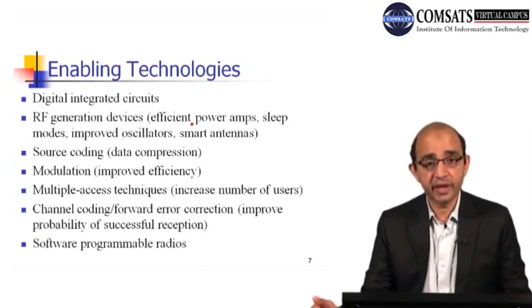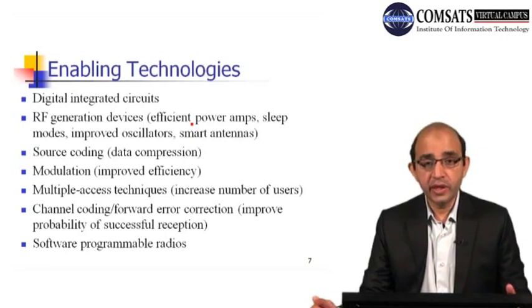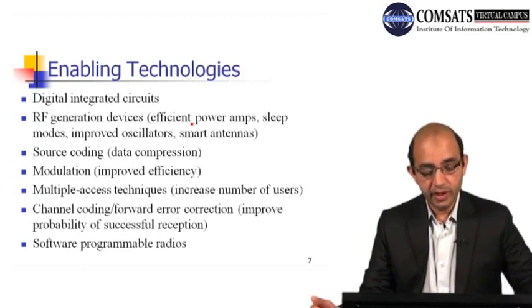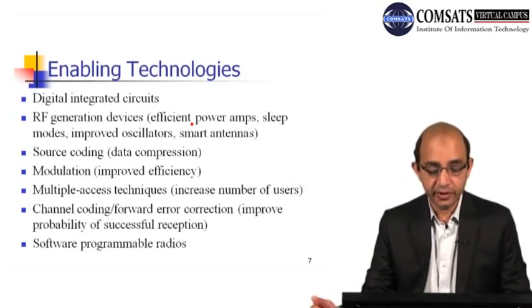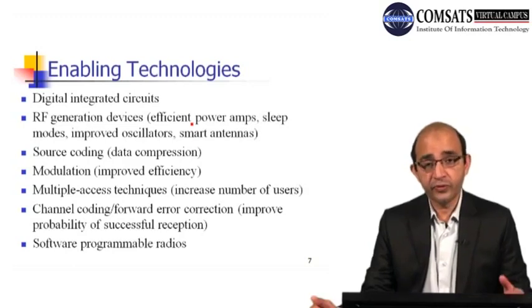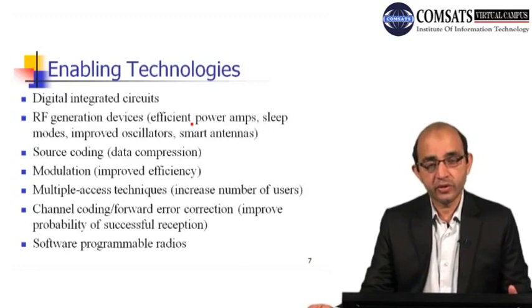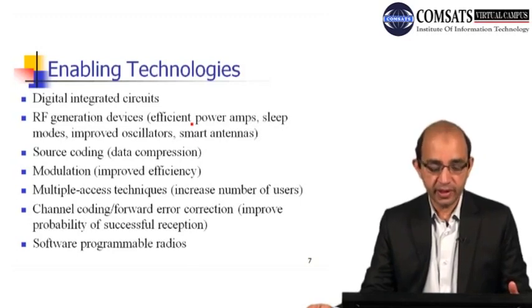to achieve that. So you need digital integrated circuits, and we also require RF generation devices, and we should be able to have some of the source coding techniques. And if we want to transmit the signal at a longer distance, we need to multiply our signal that contains actual data with a carrier. So in order to do that, we will be adopting certain modulation techniques.